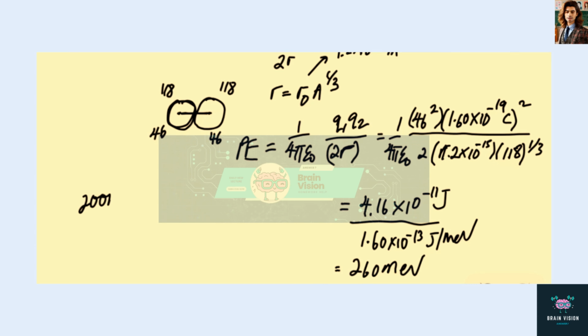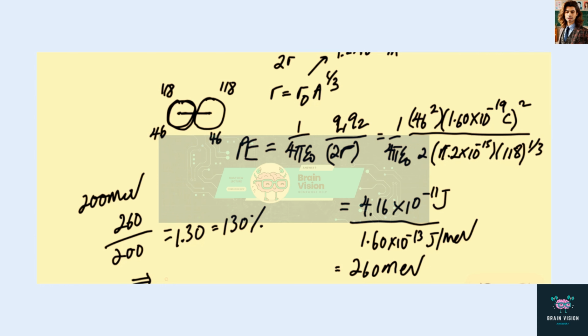That is 200 MeV. So by taking 260 divided by 200, you get about 1.3. So that is about 130%.